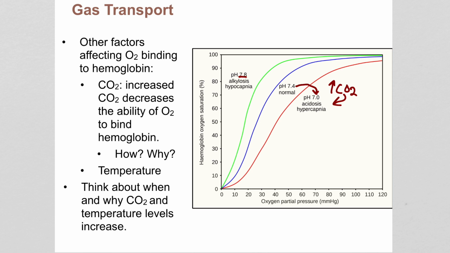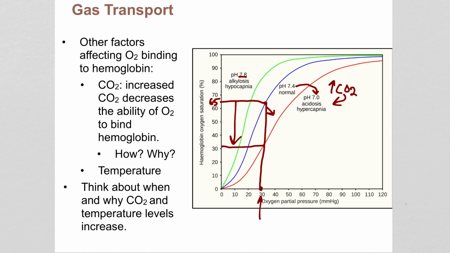What that means is the whole curve shifts down and to the right. As an example, let's pretend that we're at this 30 mark for partial pressure. Under normal pH conditions, you have a saturation of about 65% when PO2 is at 30. On the red line that shifted, your saturation goes down to only 30%.